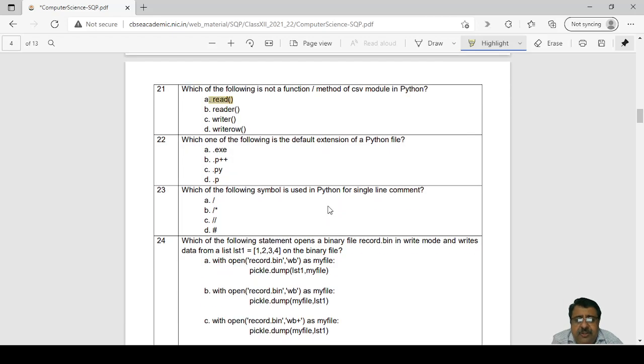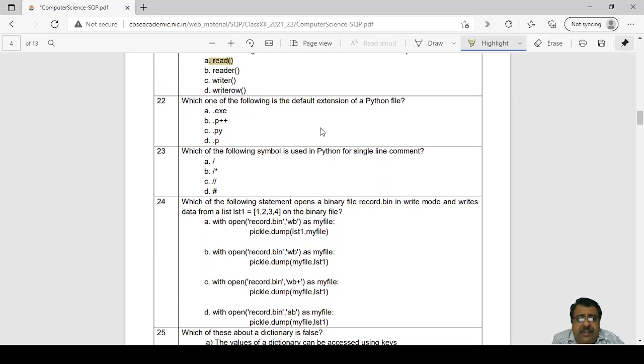Next question, which one of the following is the default extension of a Python file? We know the answer, it is .py. Single line comment with hash. Now, question number 24.